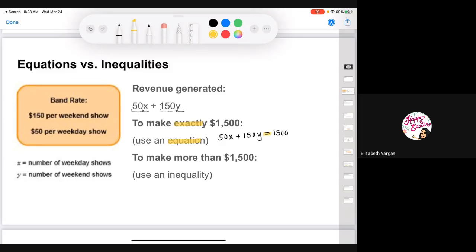An inequality, on the other hand, is when we're asked how many weekend shows or weekday shows they have to make more than that amount or less than that amount, when we're not asked to find the exact value.